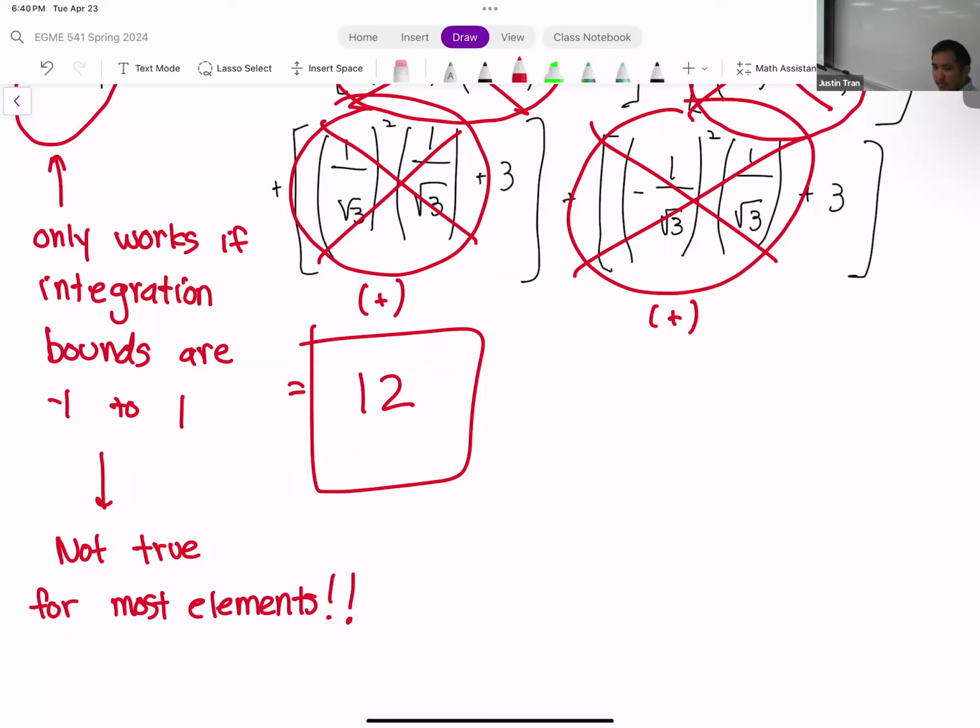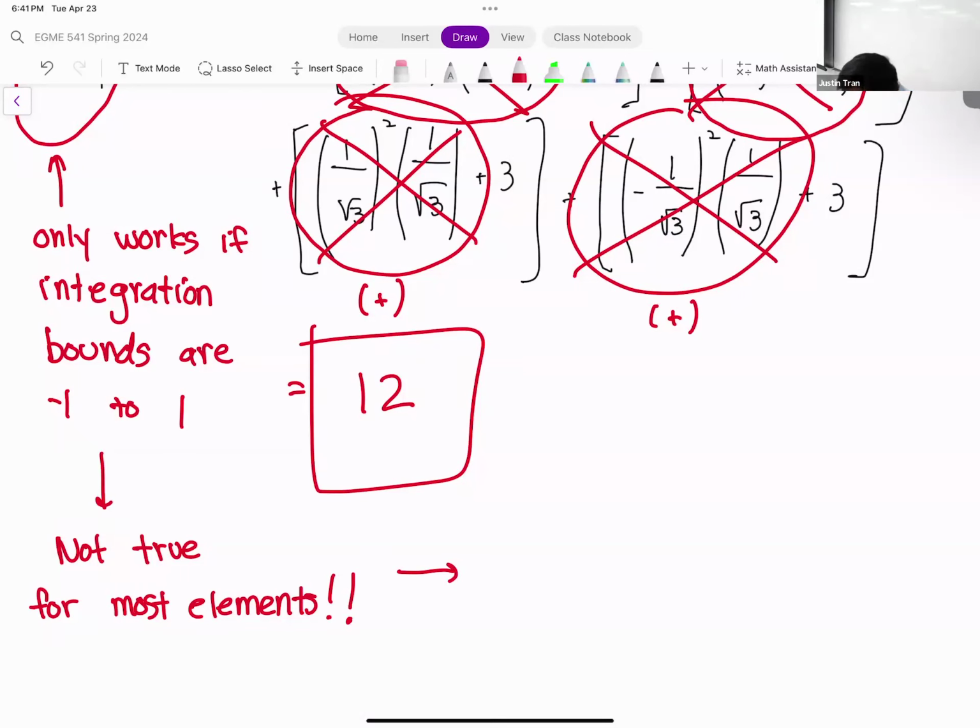So this is the exact same problem that we ran into in the 1D case. In the 1D case, we developed this Gauss quadrature. We thought it looked great, but then we saw that its application was very narrow because most of the time we're not integrating from -1 to 1. If you remember, the way that we solved this in one dimension was that we performed a change of variable. Instead of integrating over the original variable, we adjusted our integrand so that we can integrate from -1 to 1.